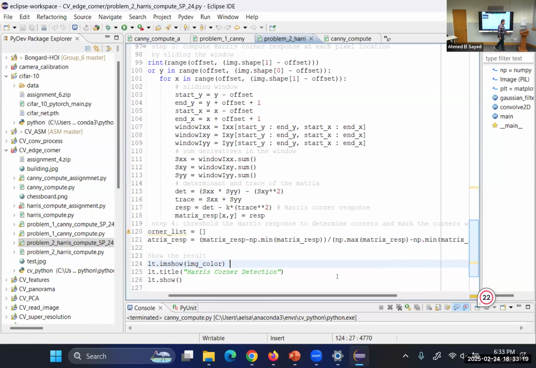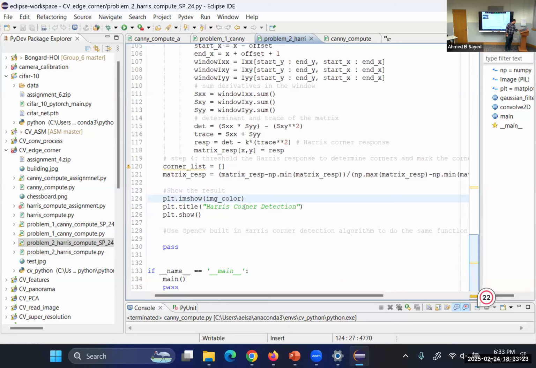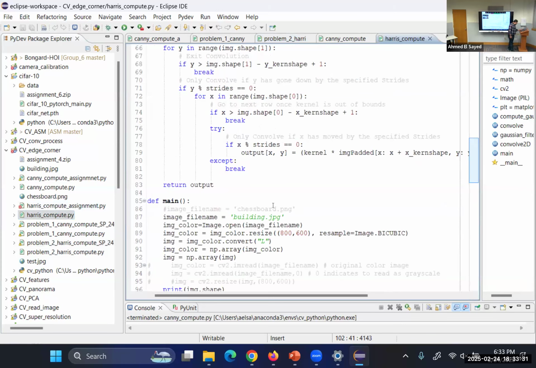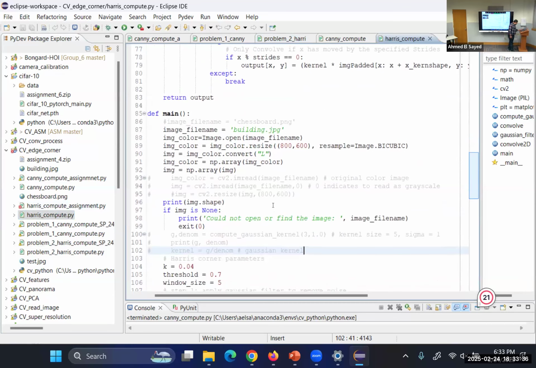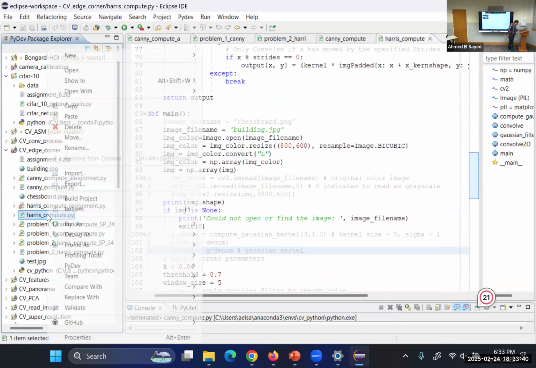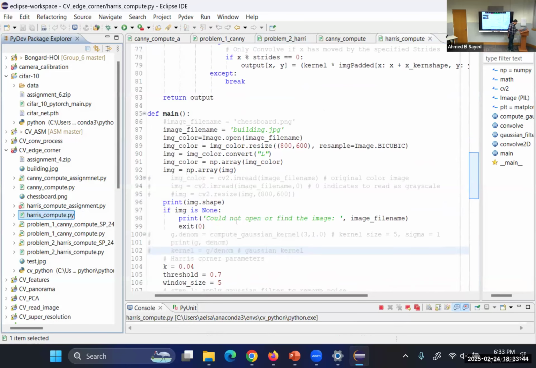After that, I can threshold them and find my corners. Is it still calculating?